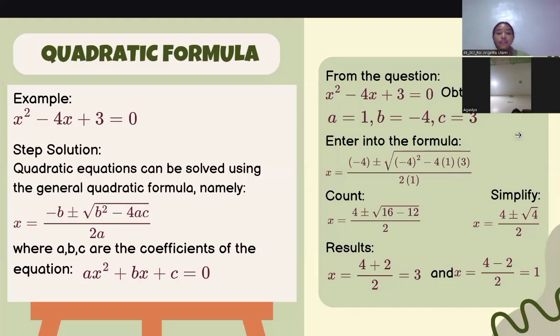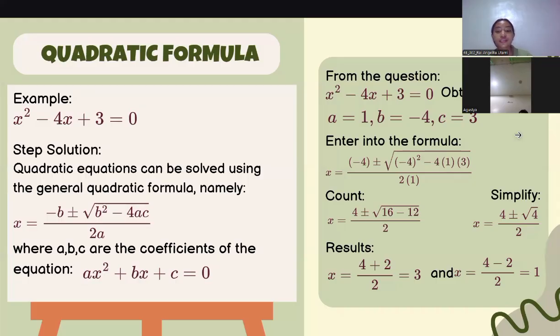So the formula becomes x equals 4 plus or minus the square root of 16 minus 12, all over 2, which simplifies to x equals 4 plus or minus the square root of 4, all over 2. Since the square root of 4 equals 2, we get x equals 4 plus or minus 2 over 2.